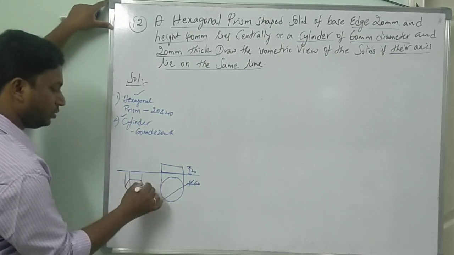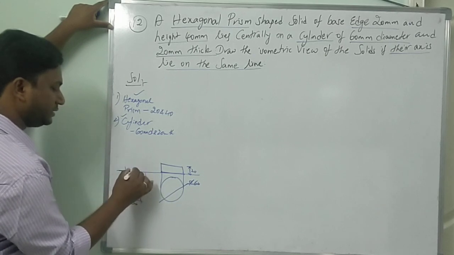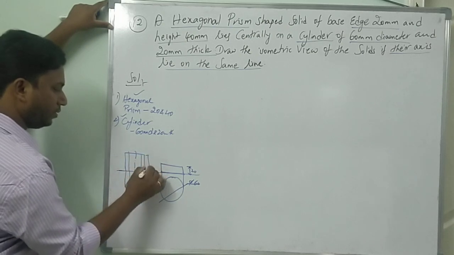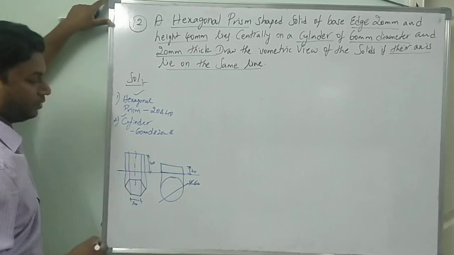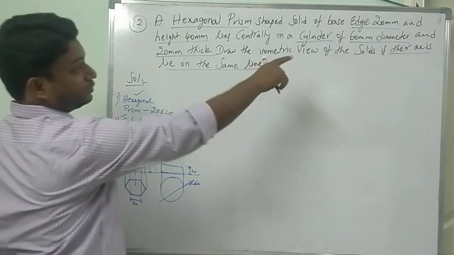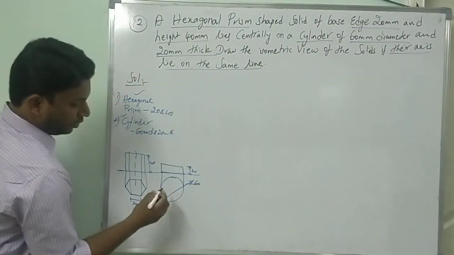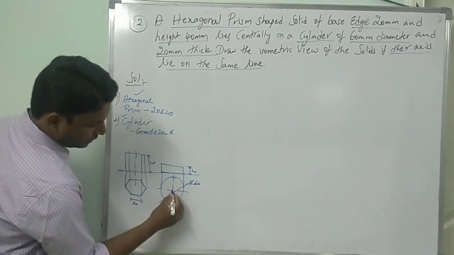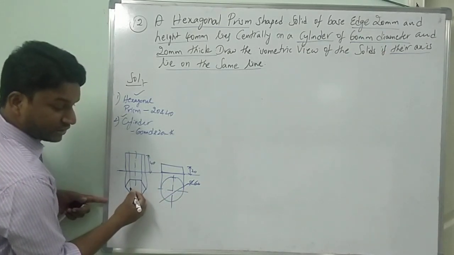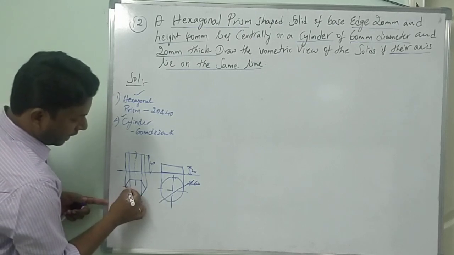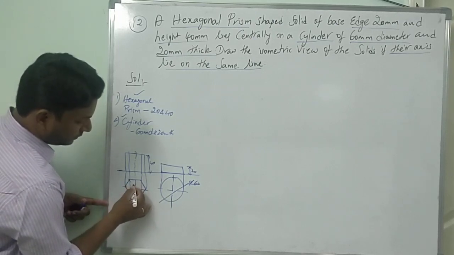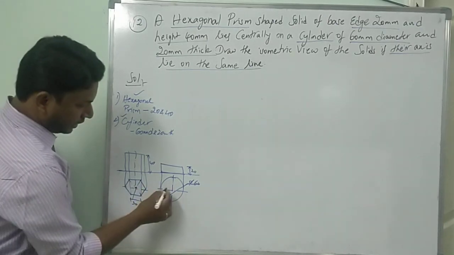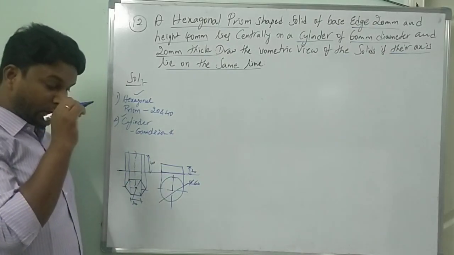Then I draw the height with respect to the axis. The axis should be on the same line, so draw the diagonals. This center and the circle's center should coincide in the top view.